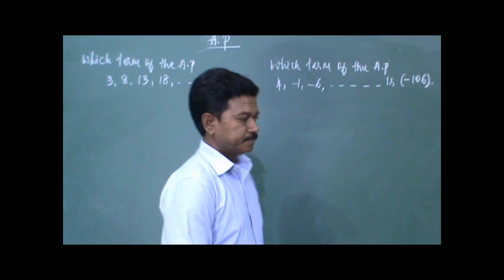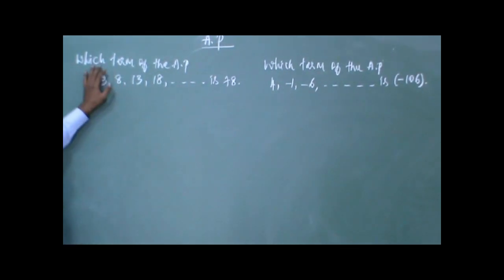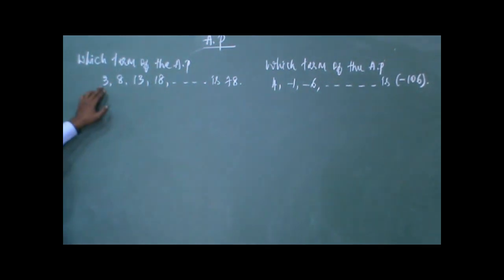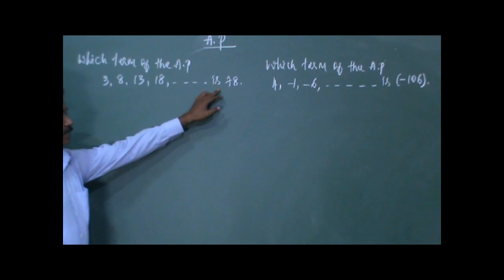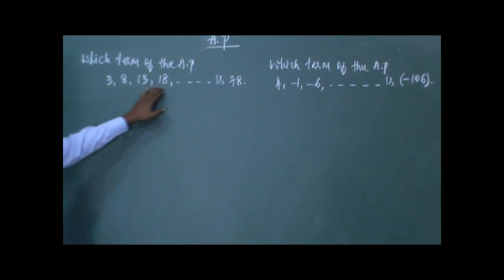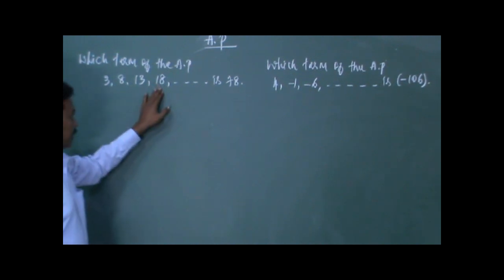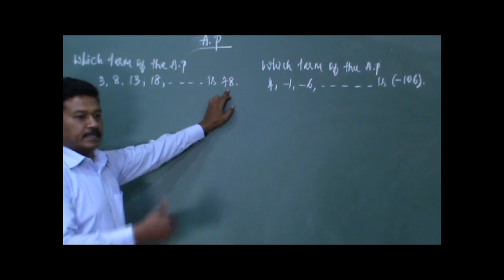So on the board, we are having 2 problems. Which term of the AP 3, 8, 13, 18, is 78? Here, this is an AP and this AP has 78 somewhere as a term.